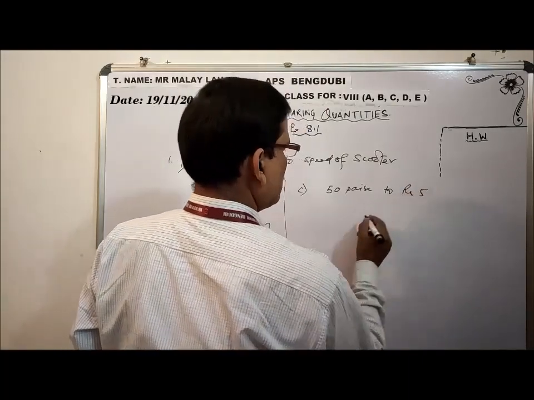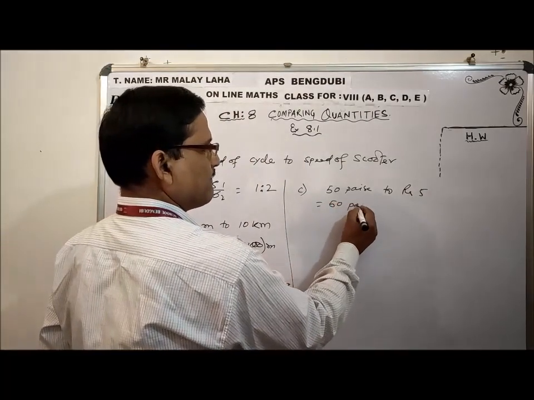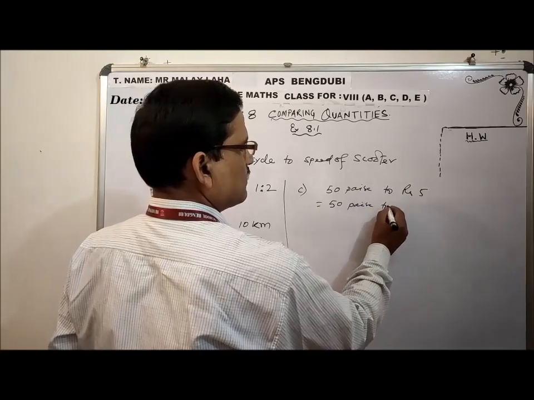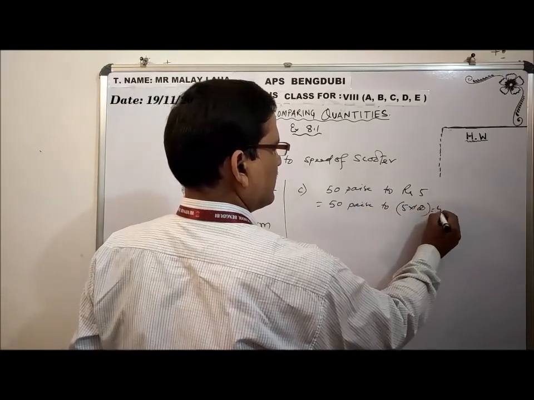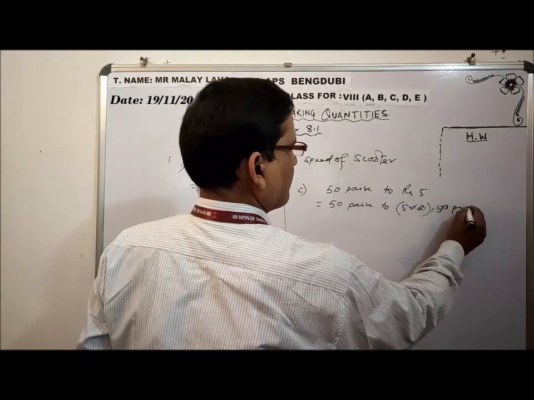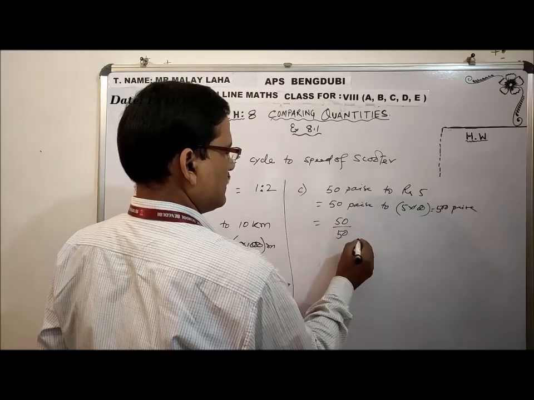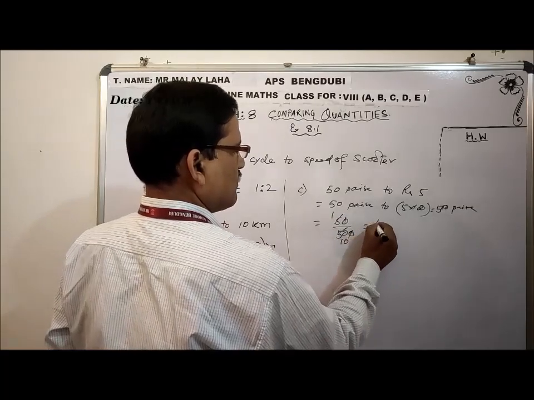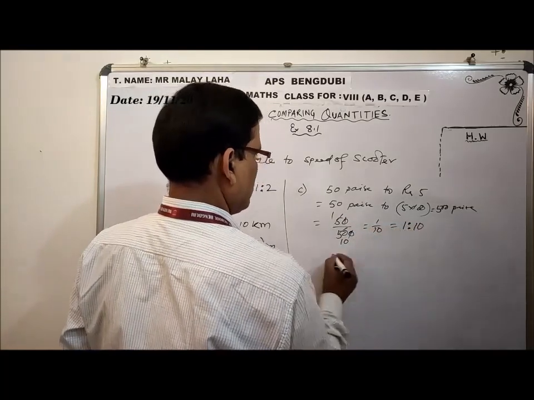So rupees will be converted into paise. 50 paise to 5 into 100, that is 500 paise. So 50 by 500, cut the 0, cut 10, 1 by 10, that equals 1 is to 10.